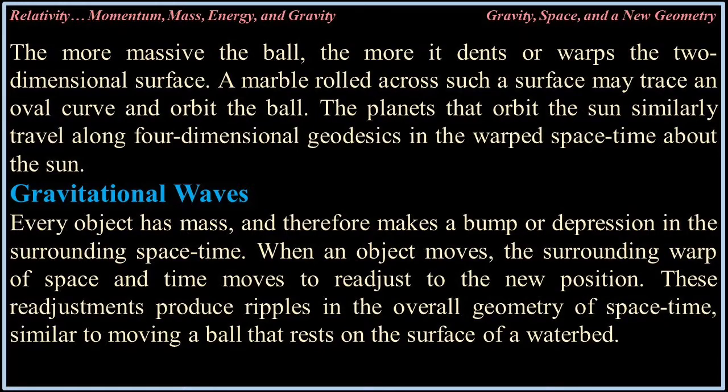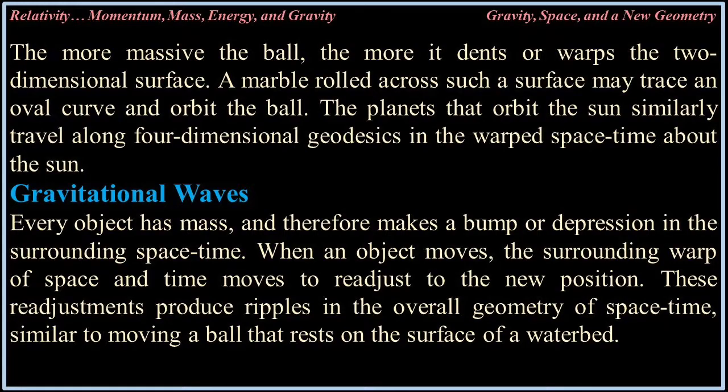The more massive the ball, the more it dents or warps the two-dimensional surface. A marble rolling across such a surface may trace an oval curve and orbit the ball. The planets that orbit the Sun similarly travel along four-dimensional geodesics in the warped space-time about the Sun.